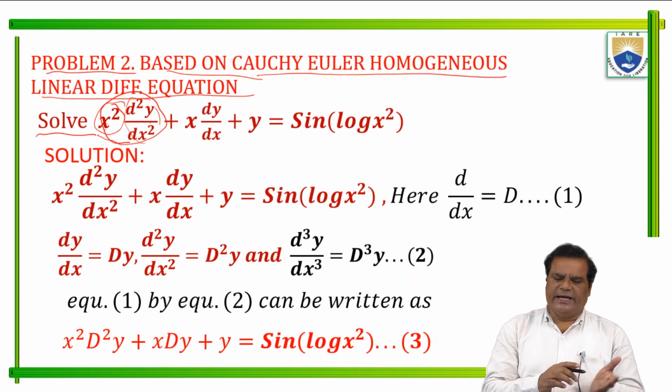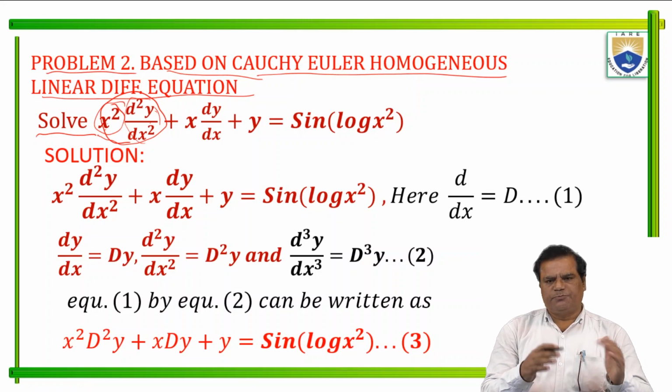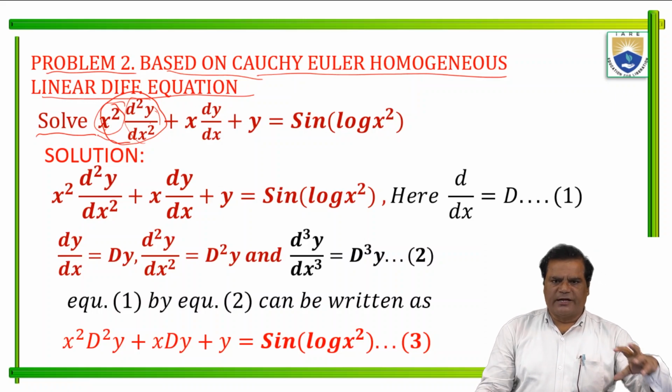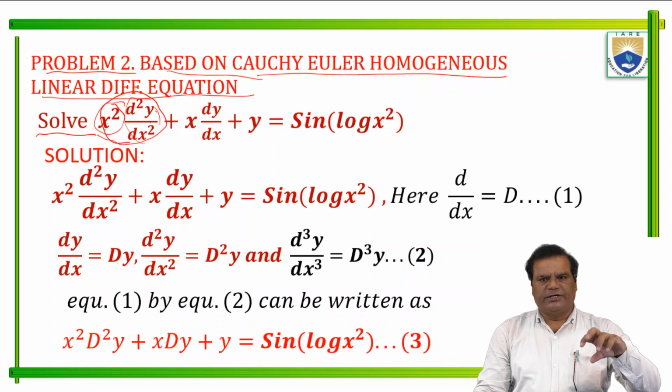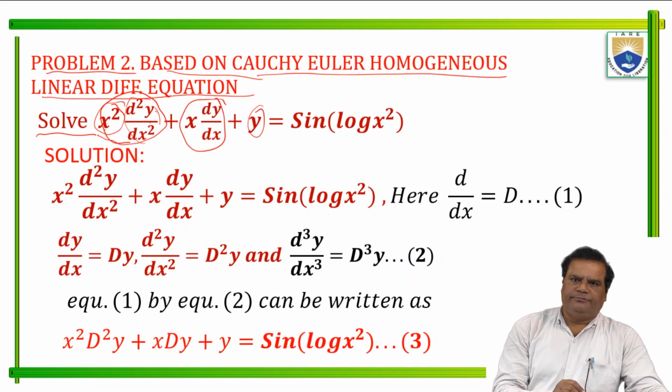In our question x is the independent variable, with y and x. But we change this problem from x to z. z is another independent variable. After converting x to z, we get an equation with constant coefficients. The second term is x dy dx plus y, with the same property as the first term.